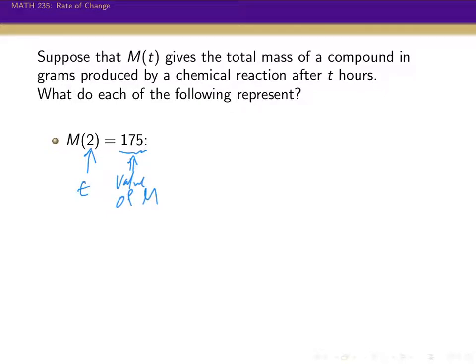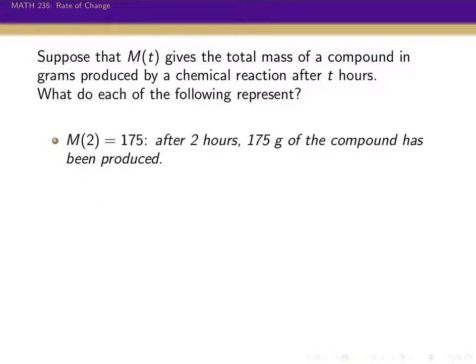Okay, and so we are plugging in 2 hours, and we're getting out 175 out of the function. And so this is saying that after 2 hours, 175 represents the mass in grams of the compound that's been produced. So after 2 hours, 175 grams of the compound has been produced.